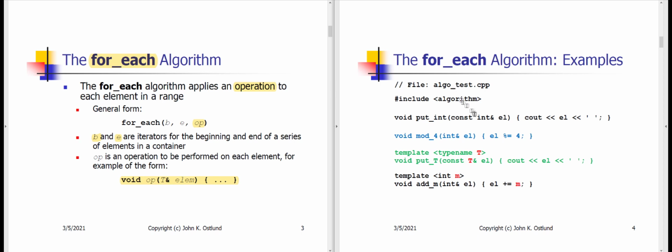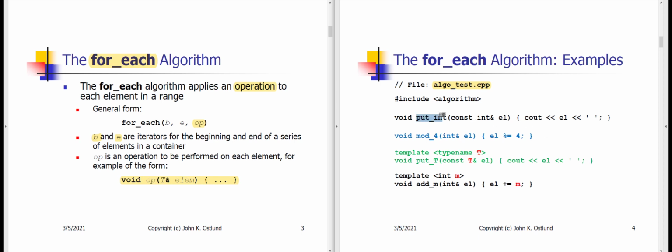Here I have a file called algotest.cpp that you can find in the code examples. And I've defined 4 different operations that we can perform on elements in a container.